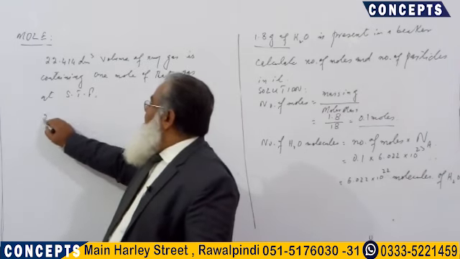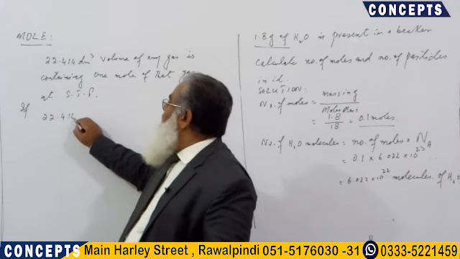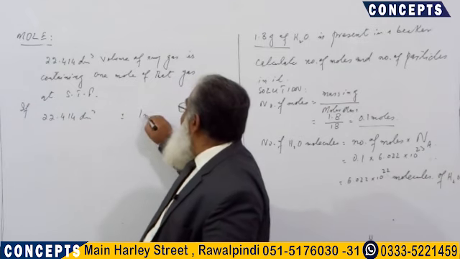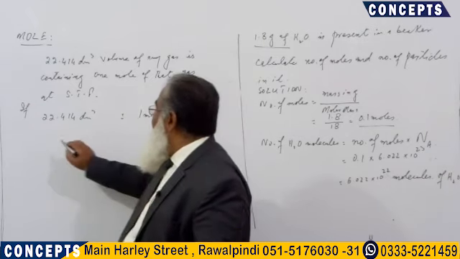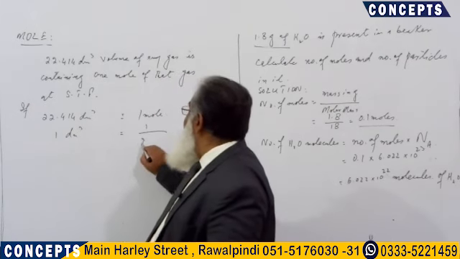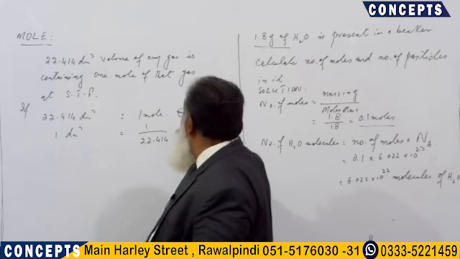Now, if 22.414 cubic decimeter is equivalent to 1 mole, then 1 cubic decimeter will be equal to 1 divided by 22.414 moles.